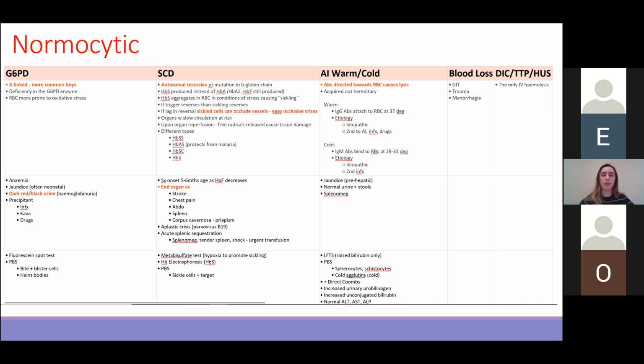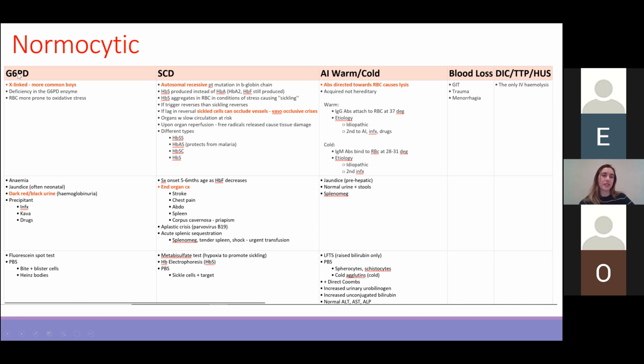And if the trigger reverses, then you're fine. But if there's a lag, then these sickled cells are really good at blocking your vessels and causing complications such as stroke and heart attacks and lots of issues like that. So usually you'll have somebody who presents with those end organ complications.